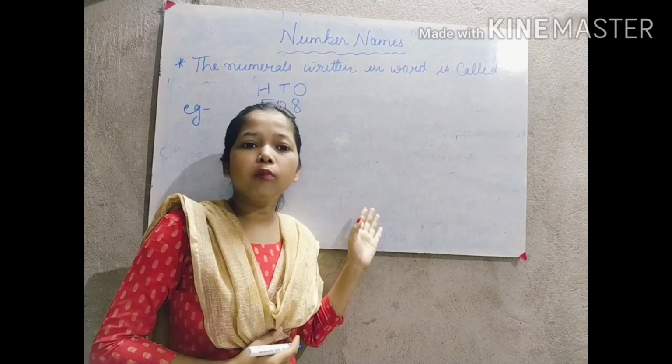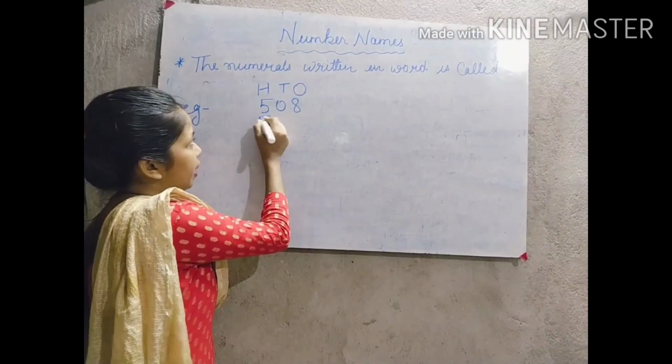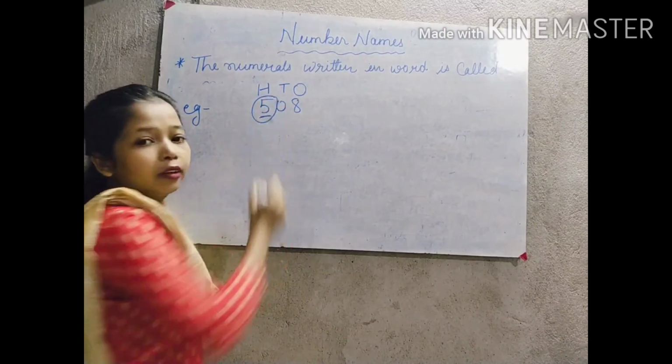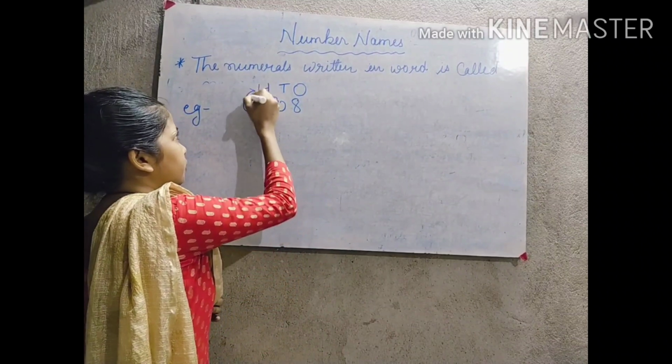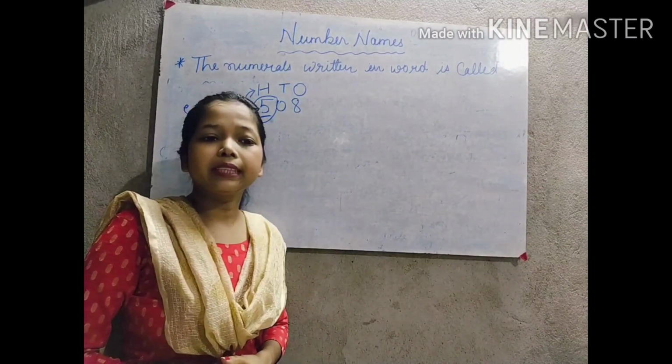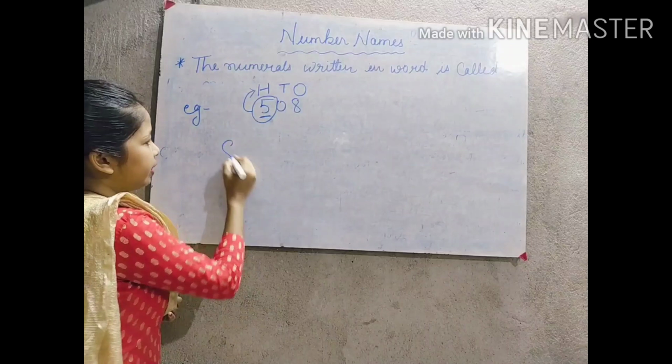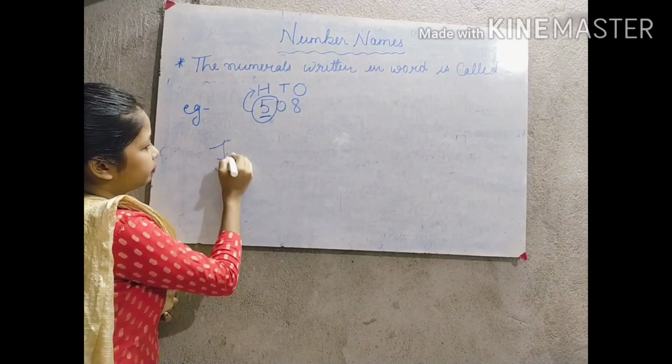Again we will start from the left digit, that is 5. That is 5 in the hundreds place. So we will write here 500.